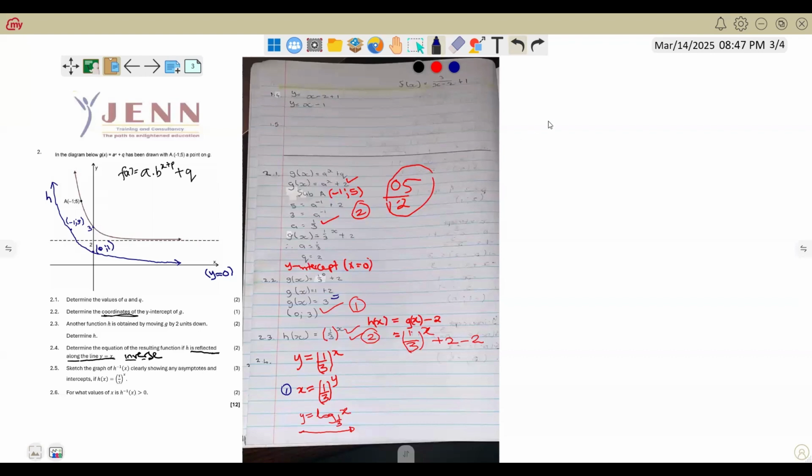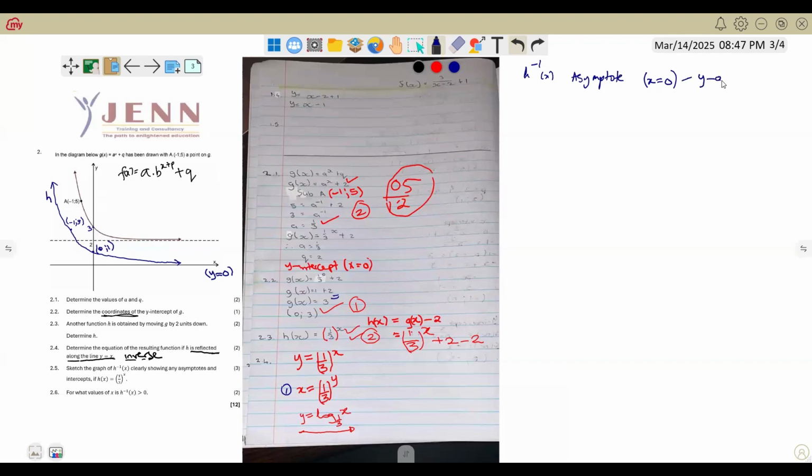So when you go to our asymptote for the inverse, which is h inverse, our asymptote is now going to be x equal to 0, because wherever there was y, it becomes x. Just know that the line which is x equal to 0, it's what?